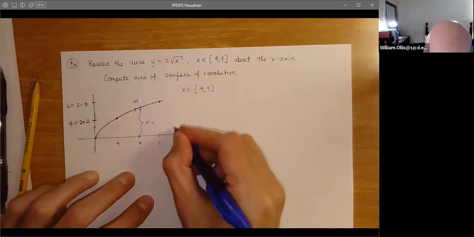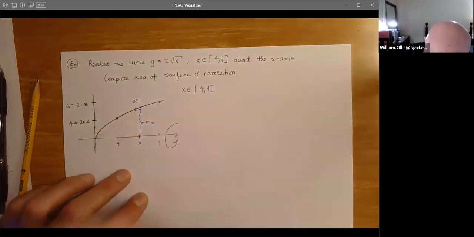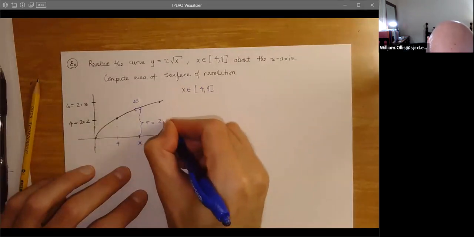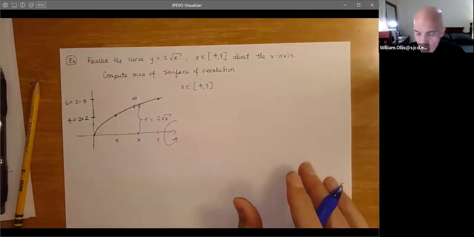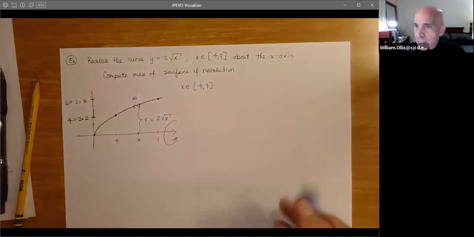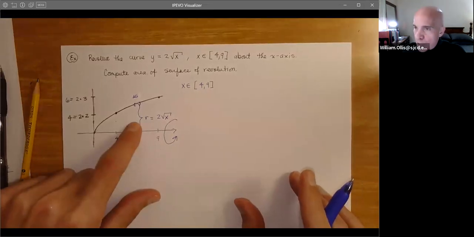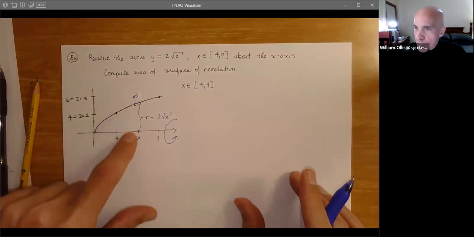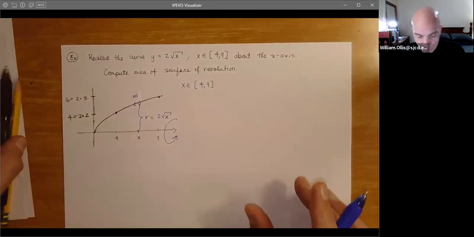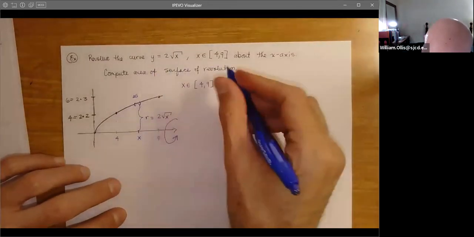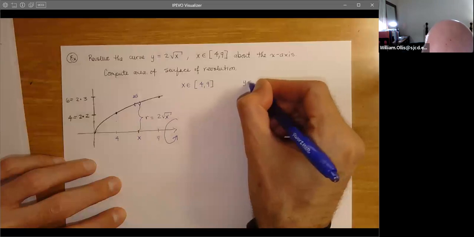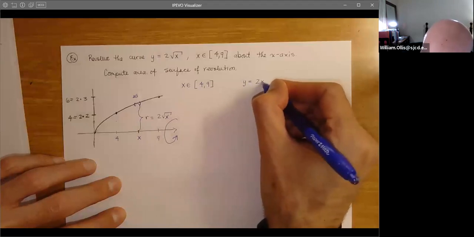And then, of course, revolution here. So we have 2 square root x. So that at least gives us all of the ideas about the frustum as far as the distance to the revolution axis. Now we do the arc length part. So at this point, let's go ahead and write y as 2x to the 1/2.